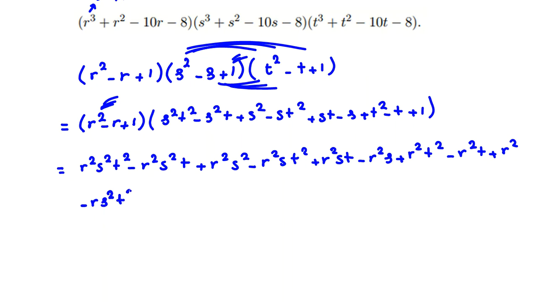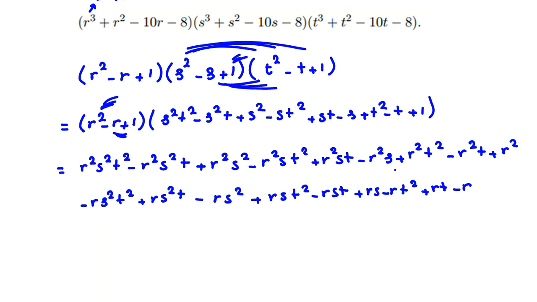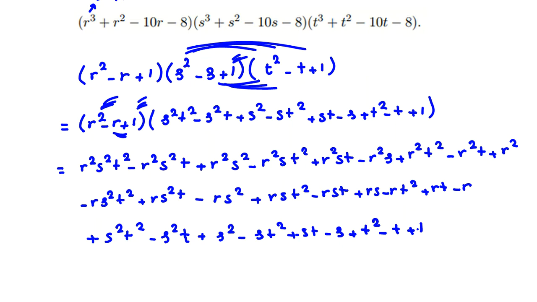It will be negative rs squared t squared, plus rs squared t minus rs squared plus rst squared minus rst plus rs minus rt squared plus rt minus r. And the last one, you multiply by 1: s squared t squared minus s squared t plus s squared minus st squared plus st minus s plus t squared minus t plus 1.